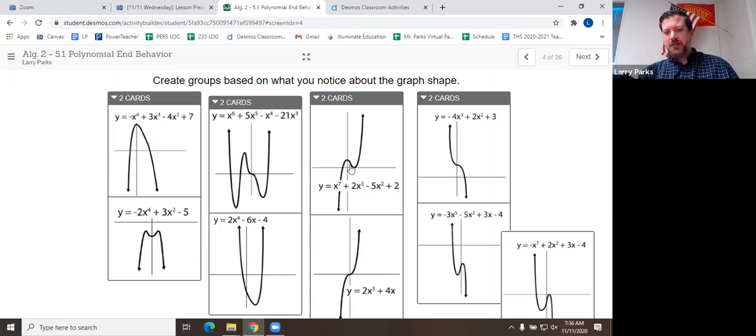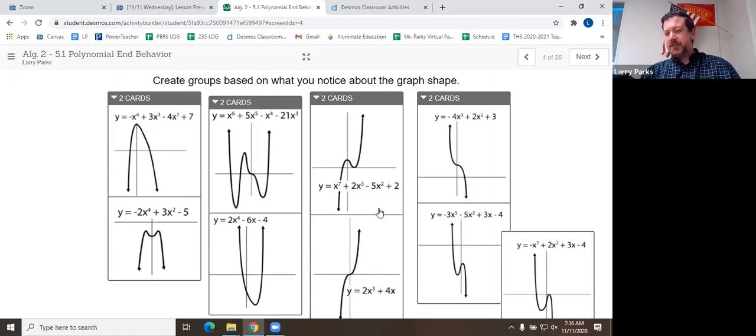So as x approaches infinity, it goes up forever. As x approaches negative infinity, it goes down forever. Okay, so one thing that is good to know is evens repeat themselves. They're up and up, down, down.